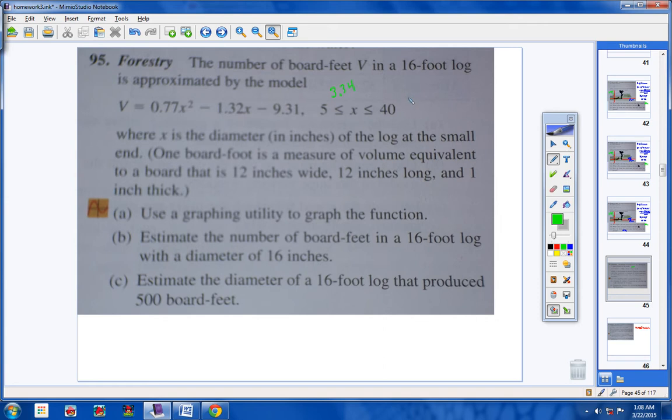So basically 1,170. So now go to your Y window and make your Y minimum 0 and make your Y maximum, I don't know, 1,200, and now hit graph, and you should see a pretty good graph of the function.